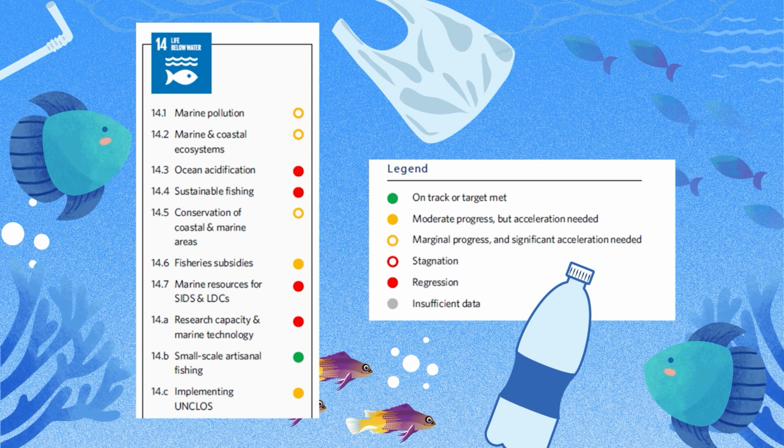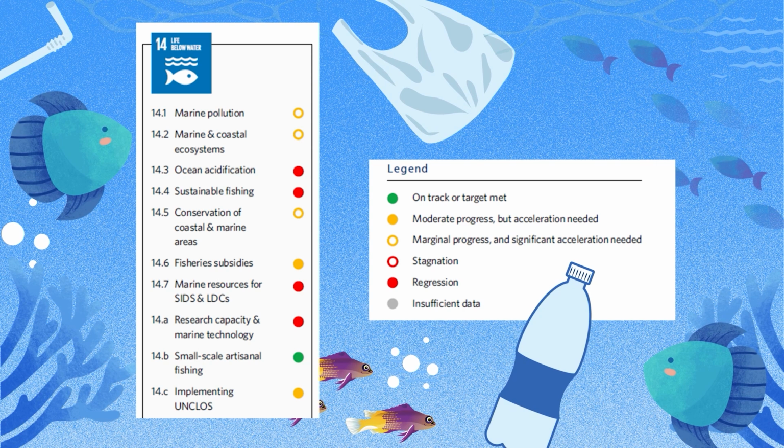In the same way, the progress in terms of marine and coastal ecosystem protection, we need to improve. When you talk about stopping ocean acidification and sustainable fishing, we are regressing. When you talk about conservation of coastal and marine areas, that's also marginal improvement.